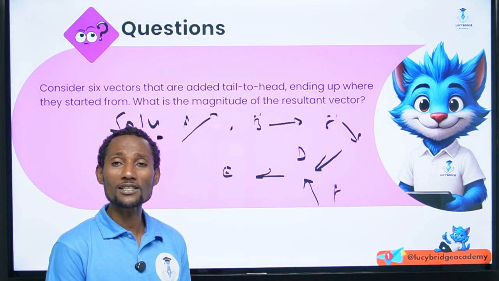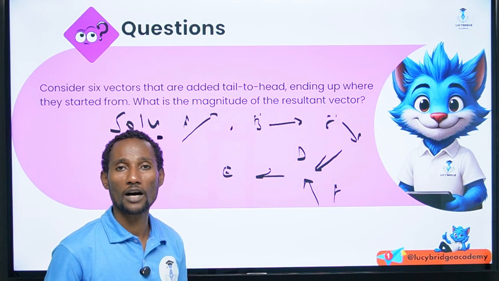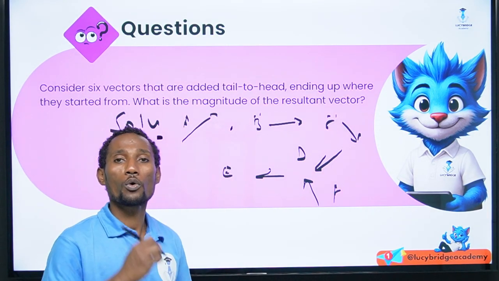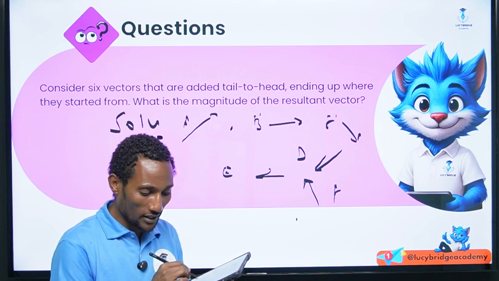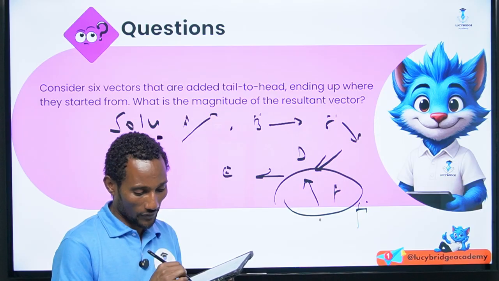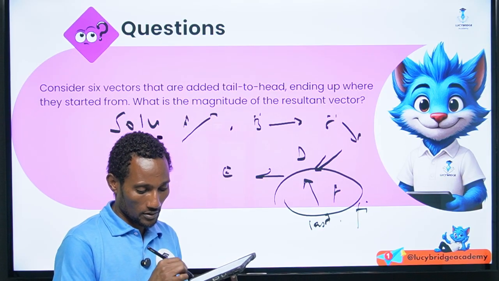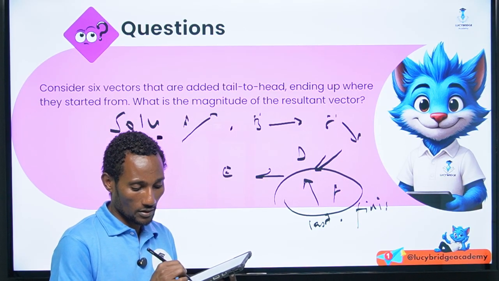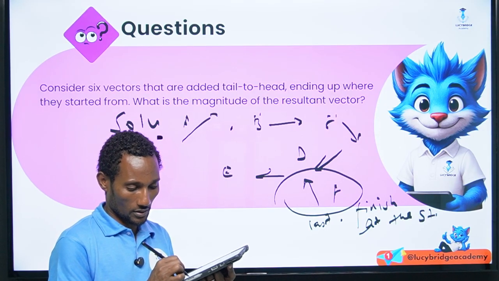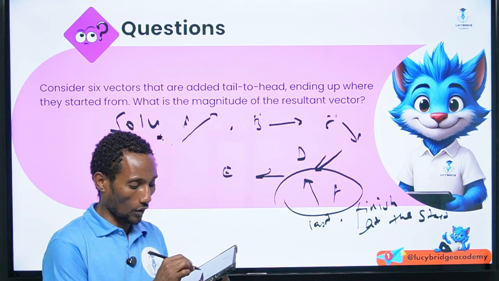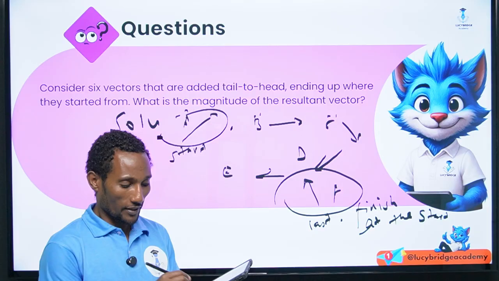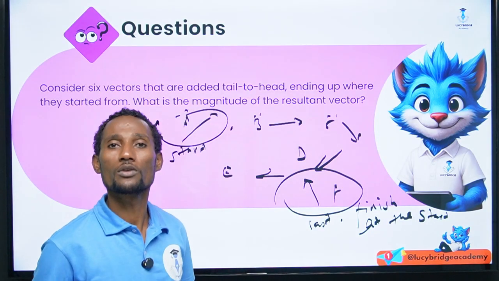Then by joining these 6 vectors head to tail, and they finish where the last vector F finishes at the start of the first vector A, then the resultant becomes 0.